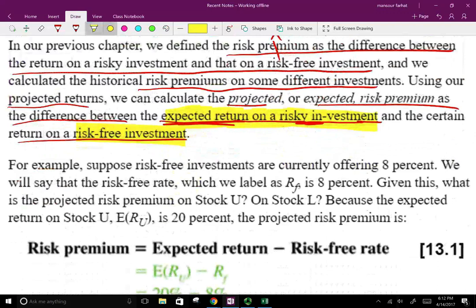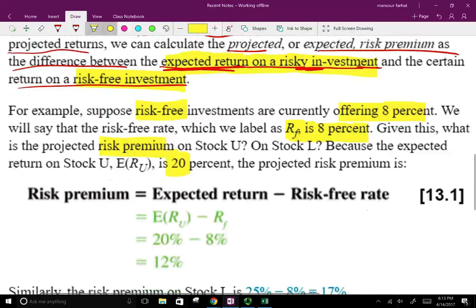So suppose risk-free investments are currently offering 8%. So now we're going to assume that the risk-free investment is 8%, and that's very, very high. So we can say R_f is 8%. Given this, what is the projected risk premium on stock Q? Well, remember, stock Q is expected to earn 20%.